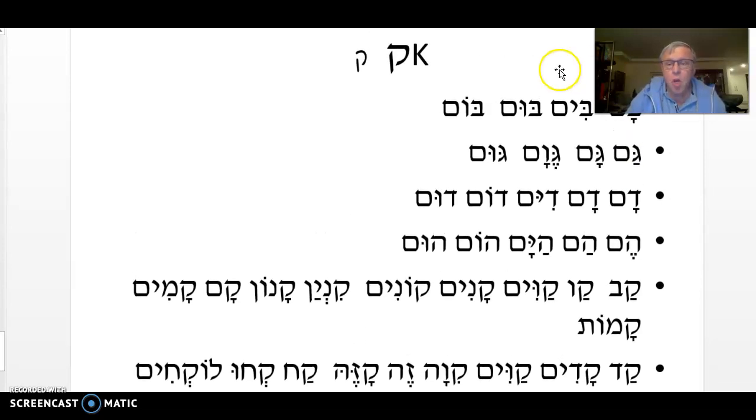So this is the letter Koof, K, and the written form isn't too dissimilar from the printed form if you look at them carefully.